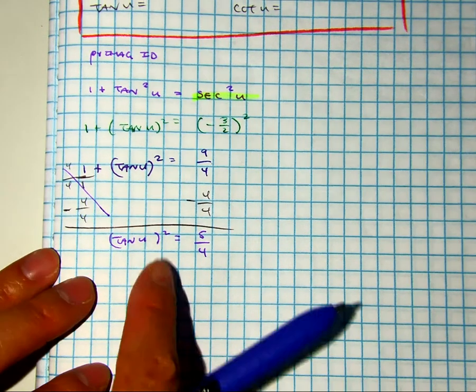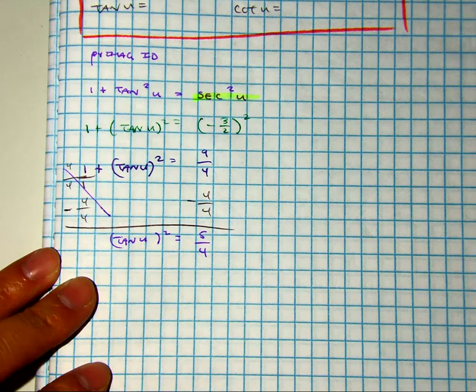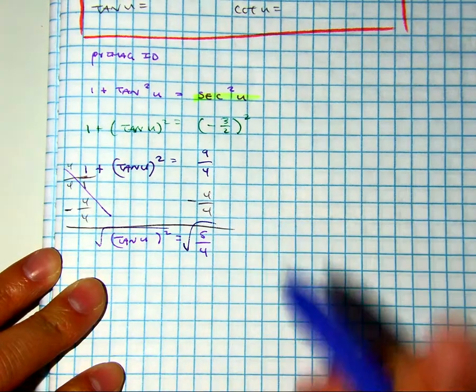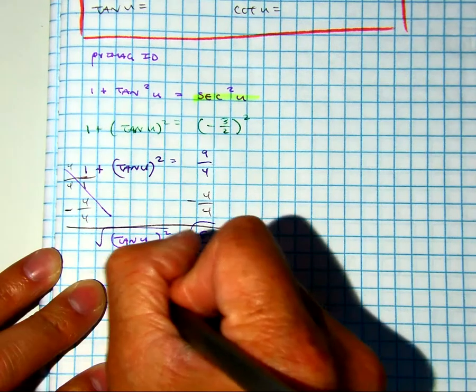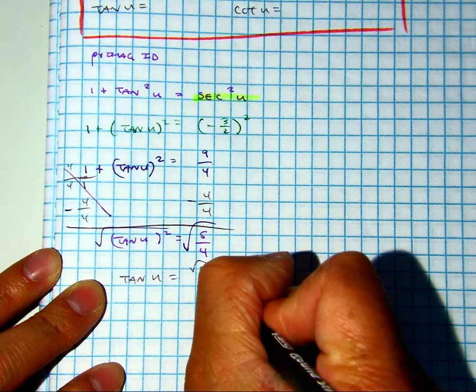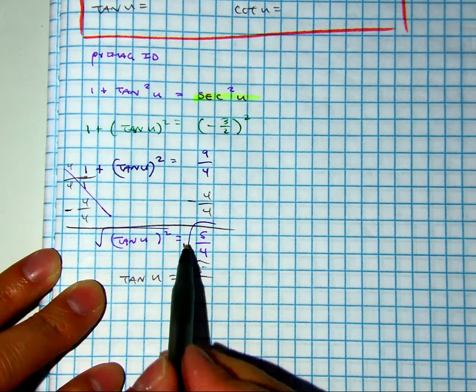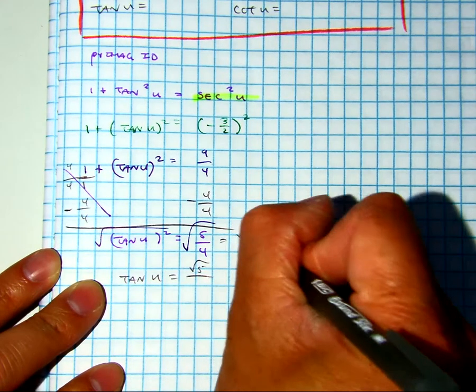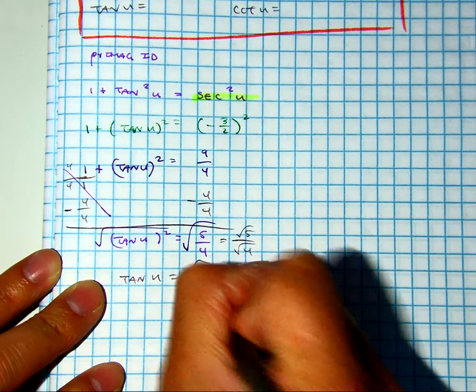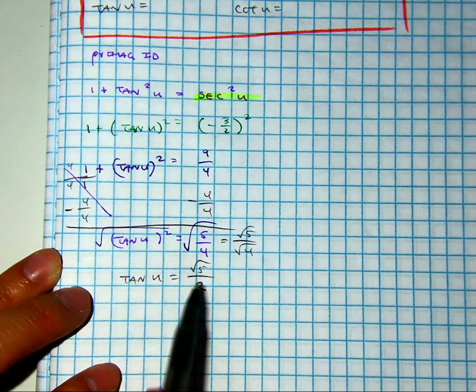To get rid of the power 2, you're taking the square root of both sides. Now I'm left with tangent of u equals the square root of 5 over the square root of 4, and the square root of 4 is 2. And remember, it gave us a hint. Remember, you're taking the square root.